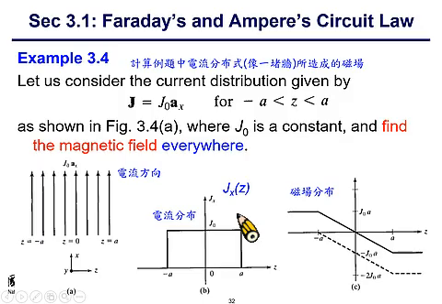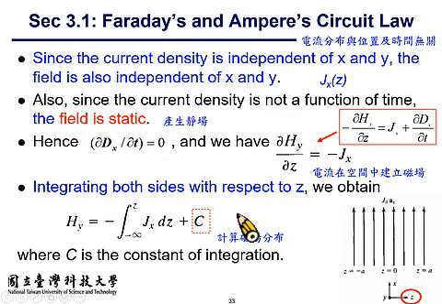And this is the answer, but we will see how to come up with this result. For the meantime, we assume that the current is a steady current, which means that the current maintains a constant value of J sub 0 and a constant direction of flowing up.